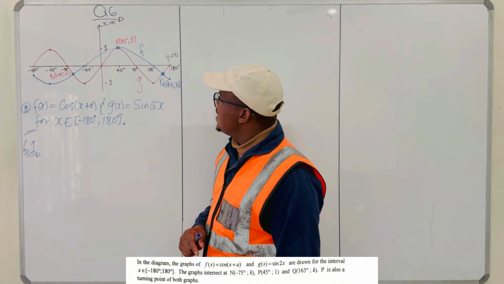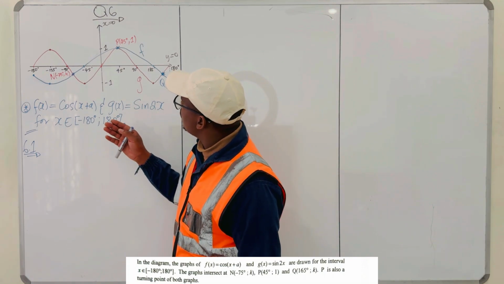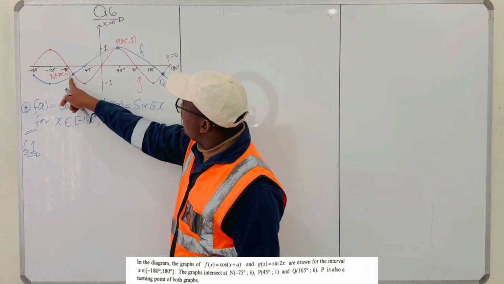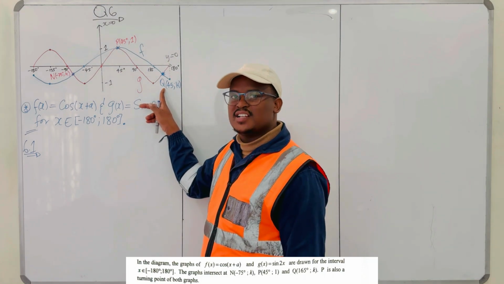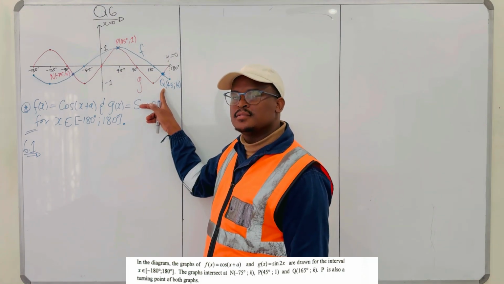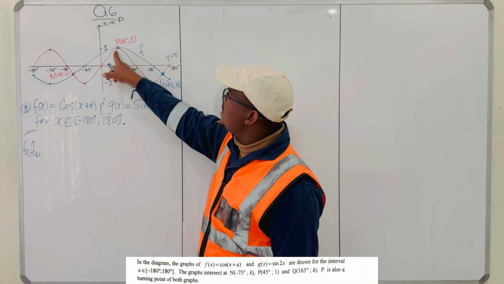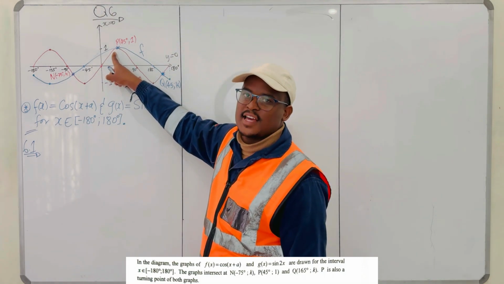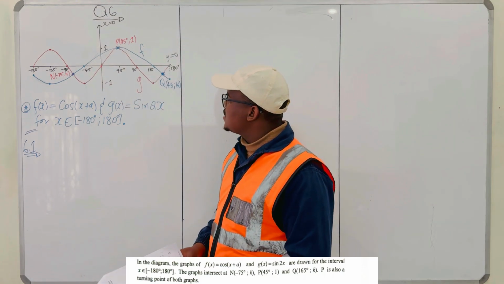No problem. Then they went on to say that N, P, and Q are points where the graphs intersect. That's what they have told us. And also they told us that P is the turning point for both graphs. Then what else are we told?